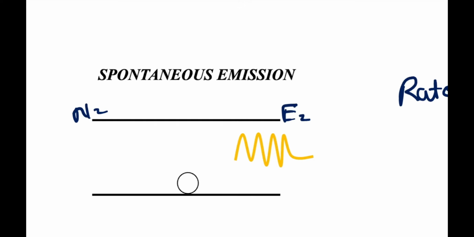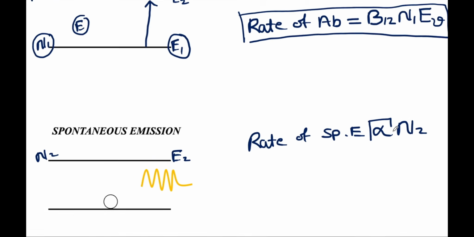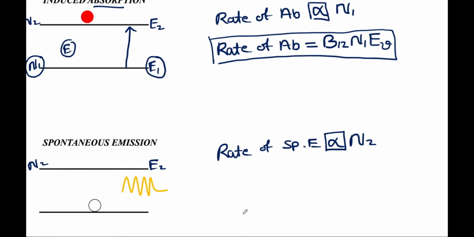For that, replace the proportionality sign by considering one constant, the Einstein coefficient A, in the case of spontaneous emission. So we write the equation like this: rate of spontaneous emission is equal to A, the Einstein coefficient.